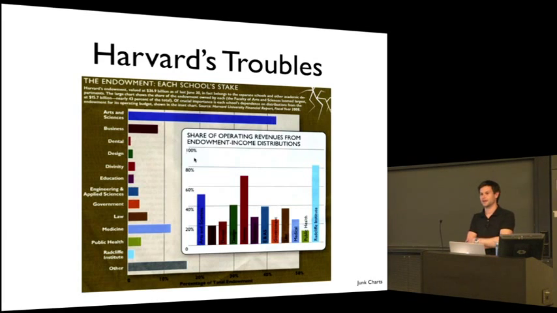And in that report, they tried to figure out what the influence is on the different schools. And what you see here is the total endowment that they get, so percentage of the total endowment. Like this would be 40%, and here you see the share of operating revenues from endowment income distribution. So how much of this revenue they use to actually cover their operating costs.